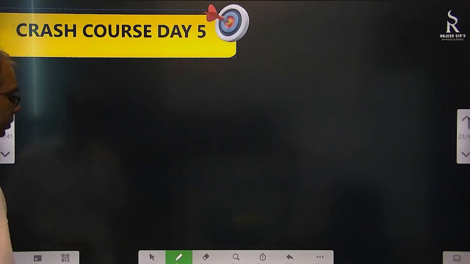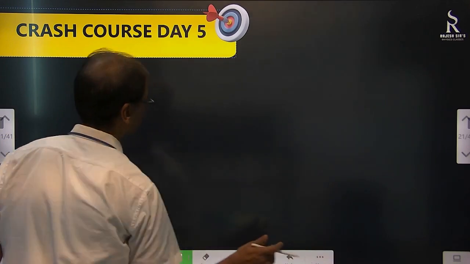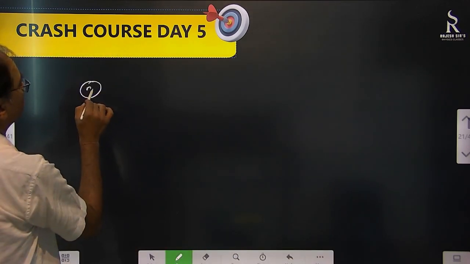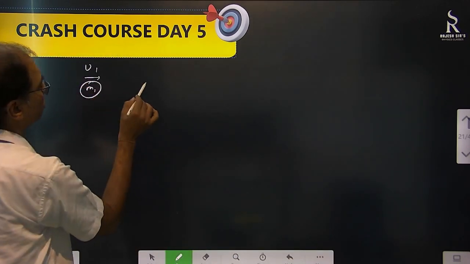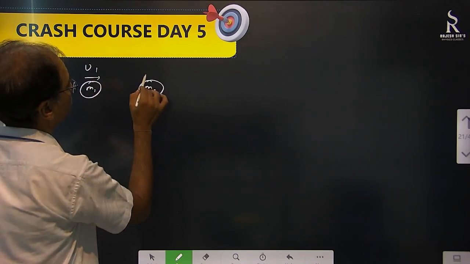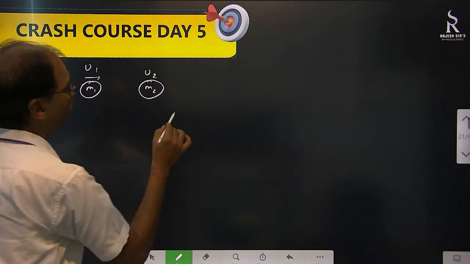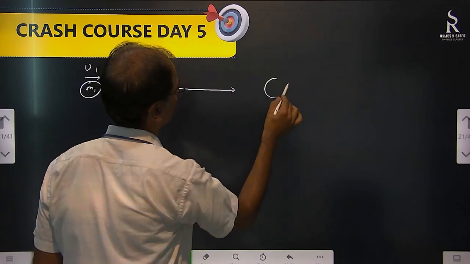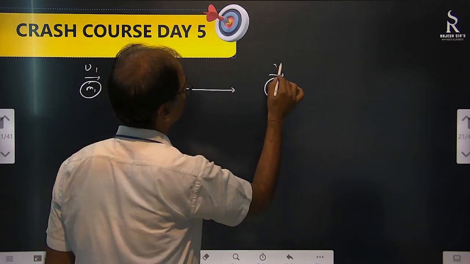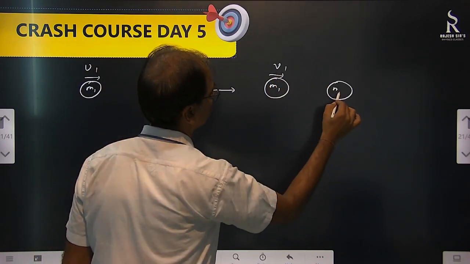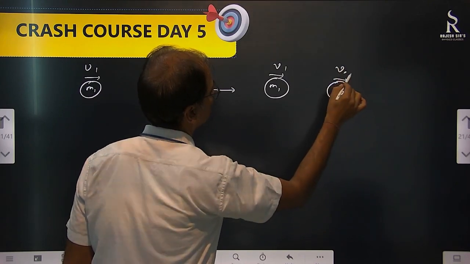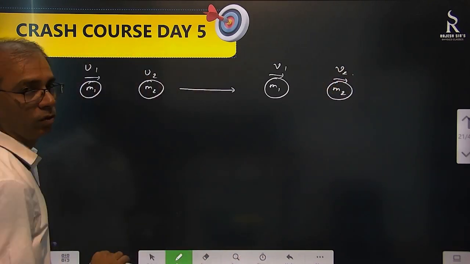Suppose I am making the same diagram again. This is M1, U1, M2, U2. Collision happened. After collision, this is M1, V1, and this is M2 and V2. So they'll be asking us V1 and V2 values.